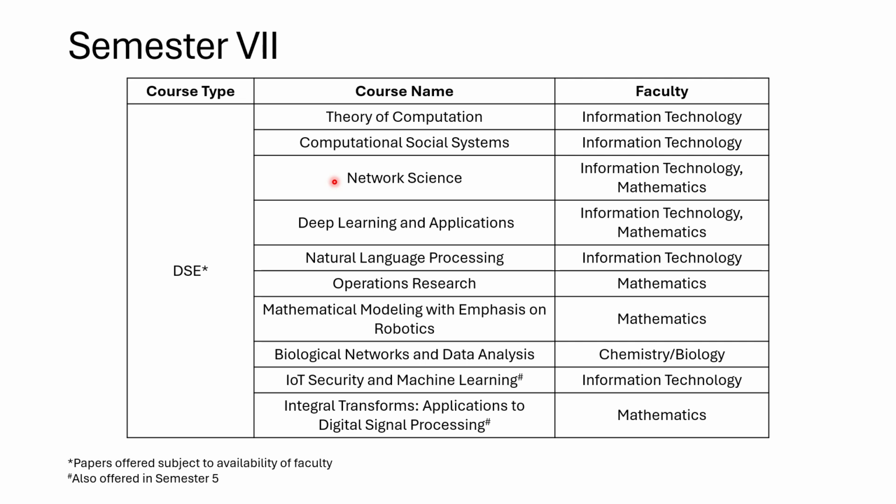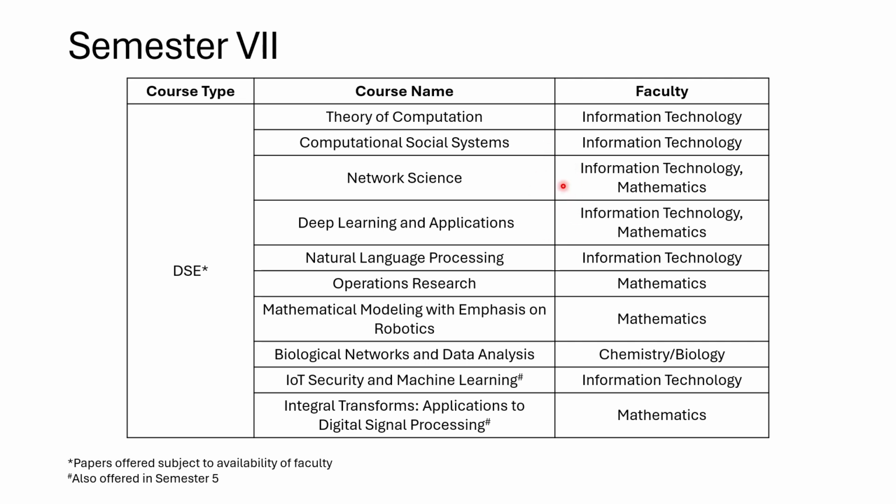Now, talking about the DSEs, I'll also mention things which have been offered this time, as in the semester that is beginning in July 2025. So you have options for theory of computation, computational social systems, network science, deep learning and applications.